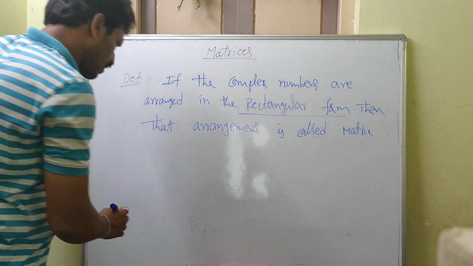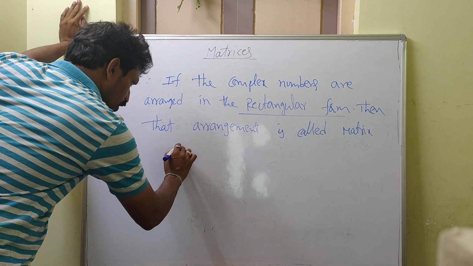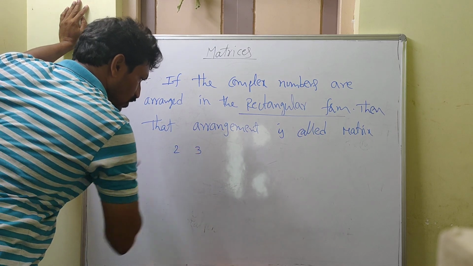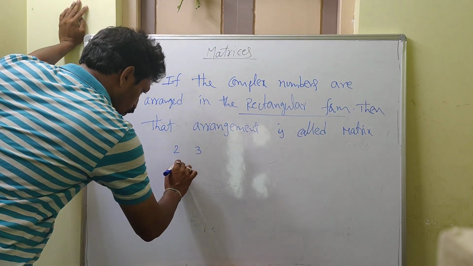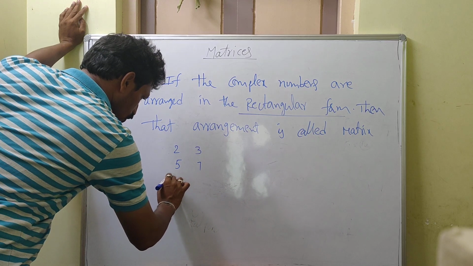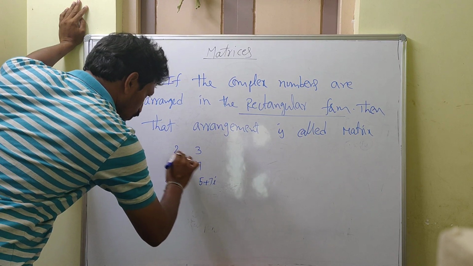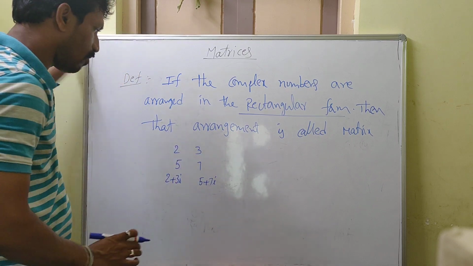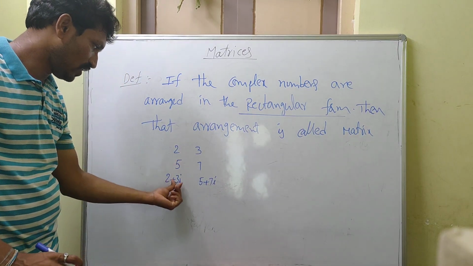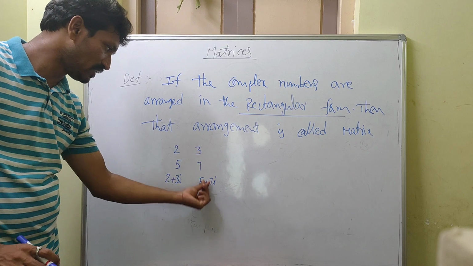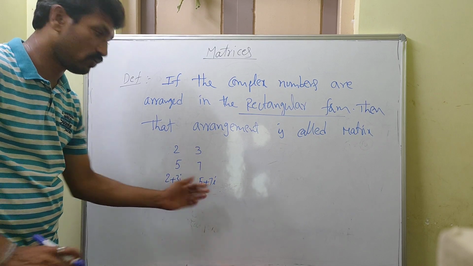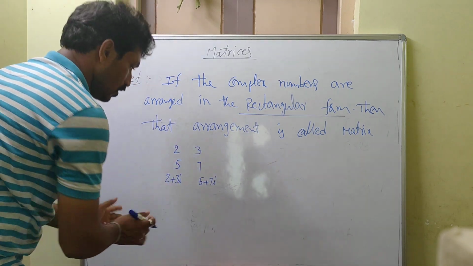See here, first suppose you write 2 3, 5 7, or 2 plus 3i, 5 plus 7i. Like this it is in the form of a rectangle. 2, 5, 7 uniformly we have, 3, 7, 5 plus 7 uniformly we have, so the shape will be a rectangle.